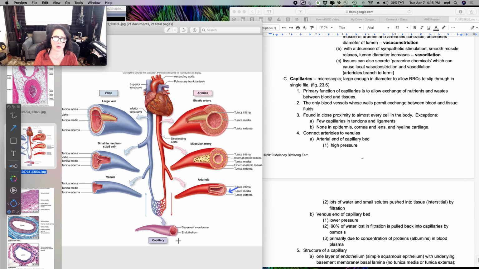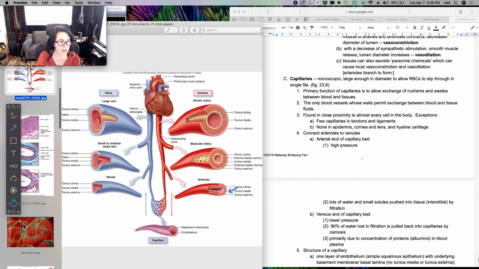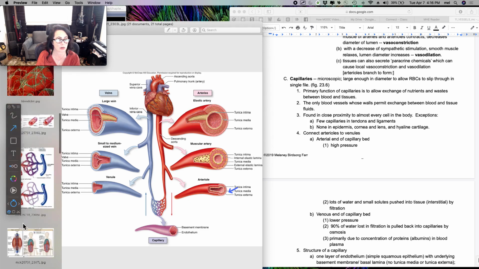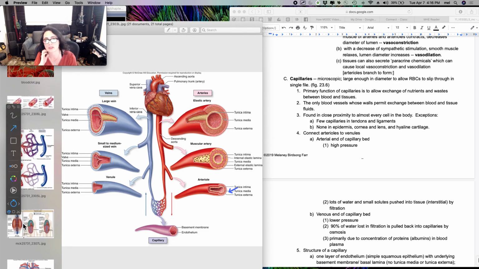So let's talk about what capillaries are for. Capillaries are primarily for exchange. They are microscopic. They're so tiny. Let me show you what one looks like. Oh, shoot, I forgot to bring that picture up. They are large enough in diameter just to allow a single red blood cell to slip through, single file, at least the smallest capillaries are.